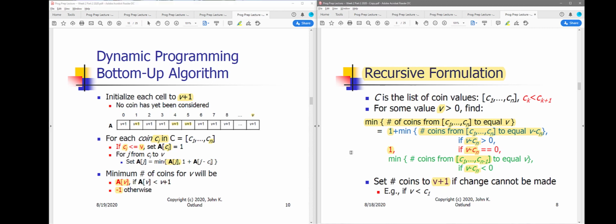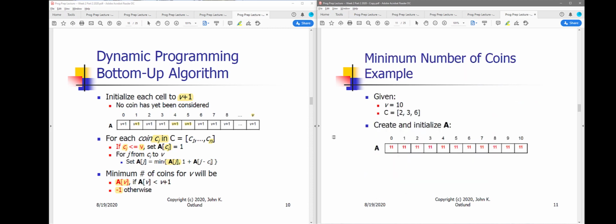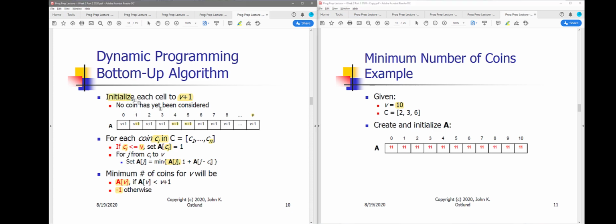All right, so let's see this in action for a particular example. Let's suppose that the value that we're trying to make change for is 10 cents, and we have these coins with values 2, 3, and 6. Our first thing to do is to initialize all of the cells to v plus 1.